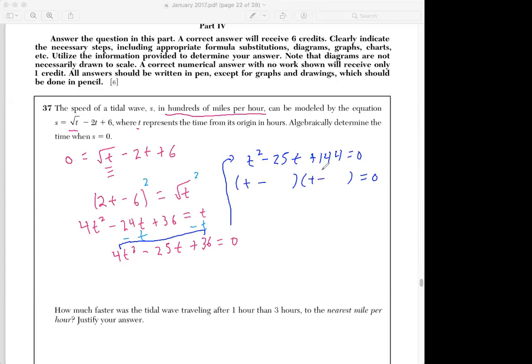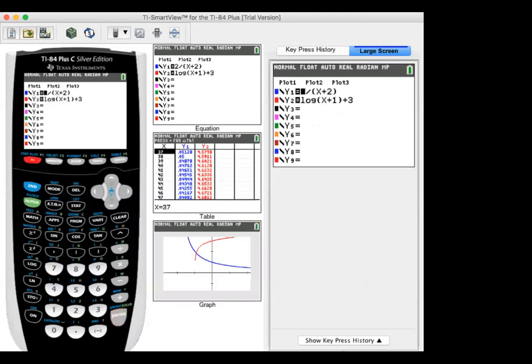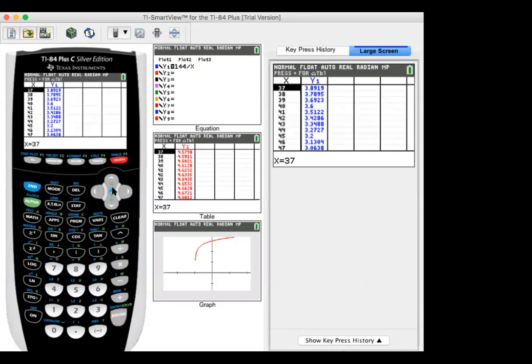I'll show you guys what I'm going to do. y equals 144. Oops, let me clear all this. I'm going to do 144 divided by x, and then I'm going to go to second graph, and this shows me all of the factors.